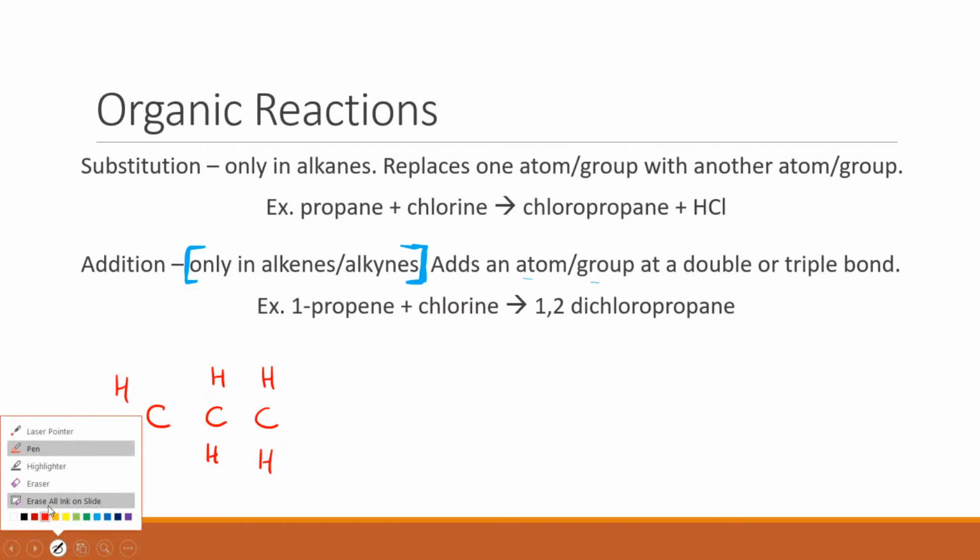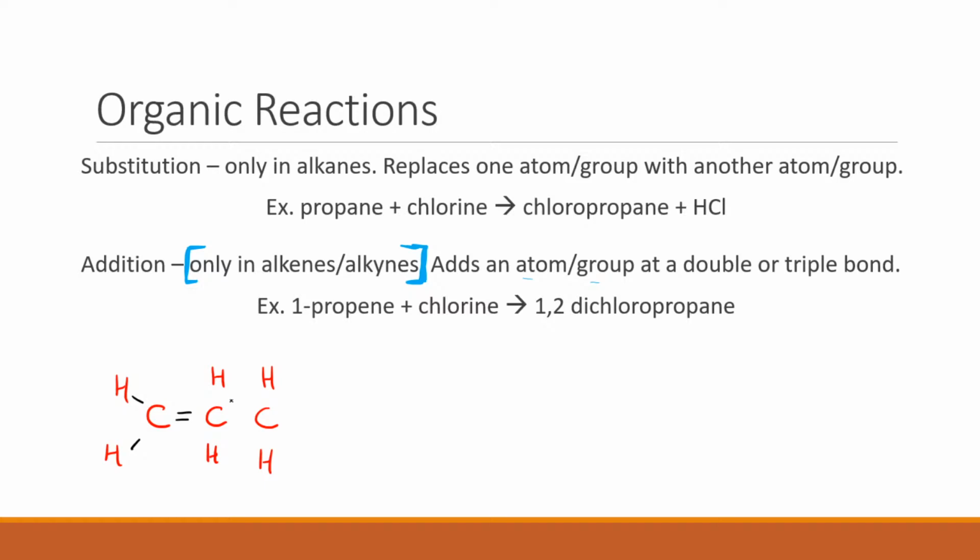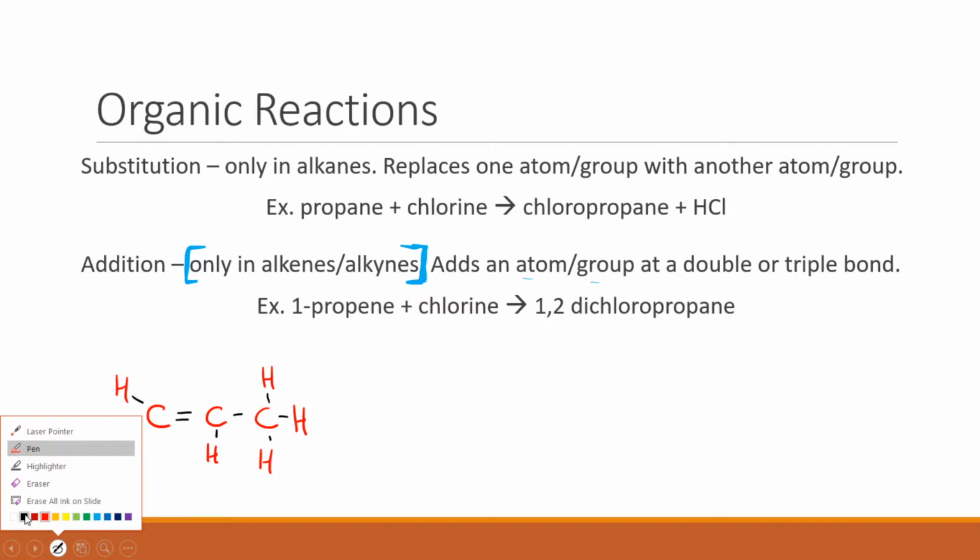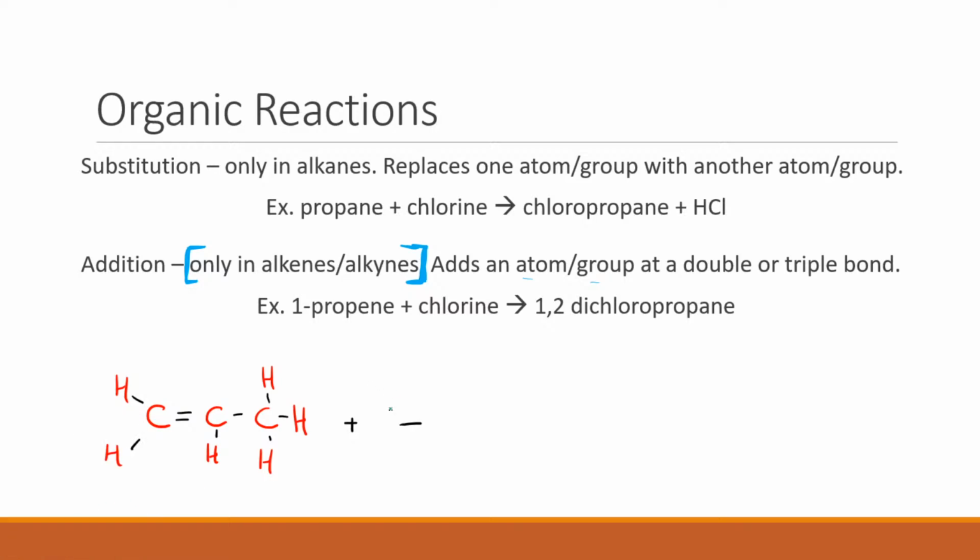So we're going to have one propene. We're going to have that interact with a chlorine molecule, just like before. I'm going to make our chlorines a little bit of an easier color. Let's make them green.